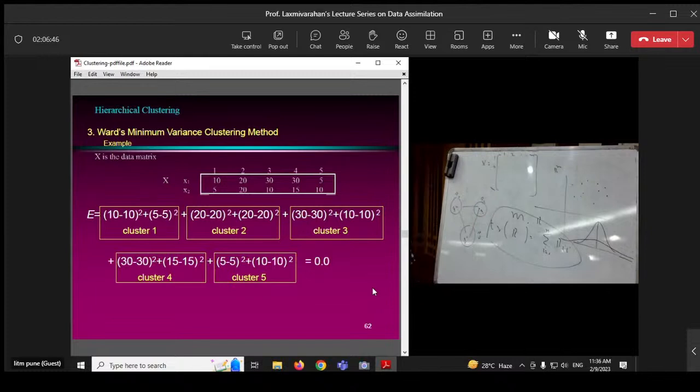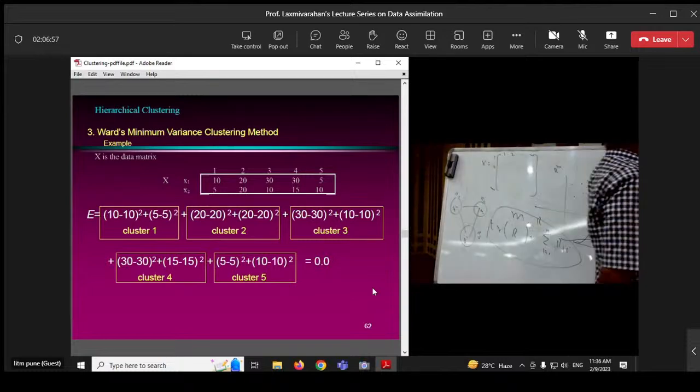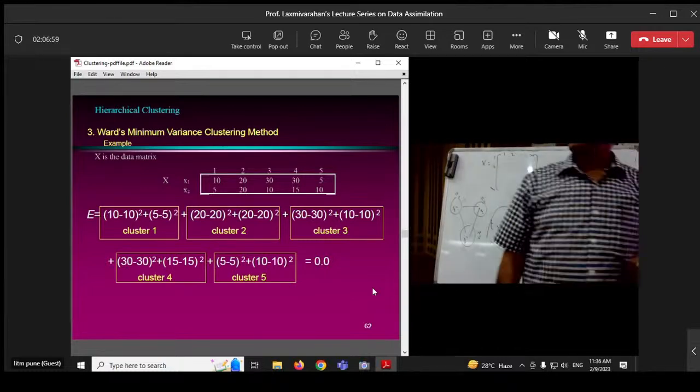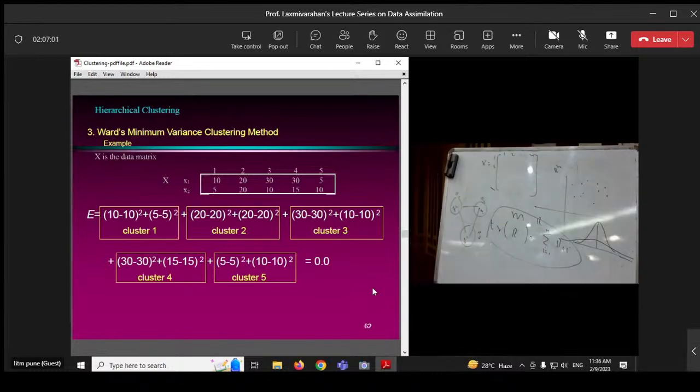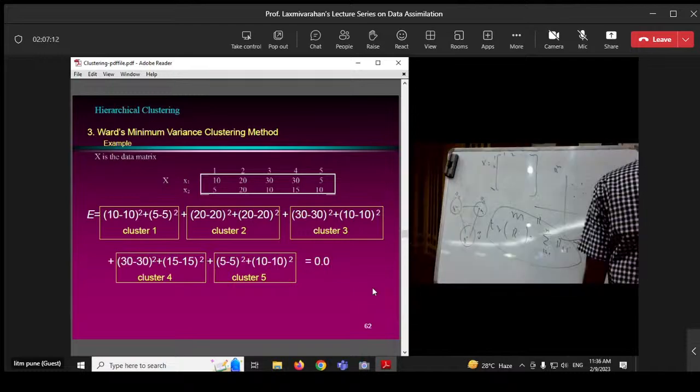What is the average of the first coordinate? What is the average of the second coordinate? You subtract the average, you square the difference. That's the measure of the variance. Therefore, what is E, the total intra-cluster variance? The increase in variance is 0. That means the starting point is E is 0, because each object is by itself in one cluster, so the total net variance among them is 0.